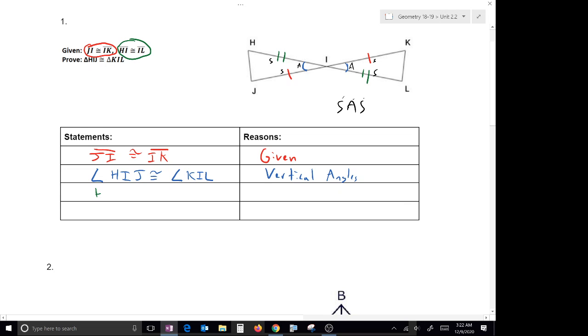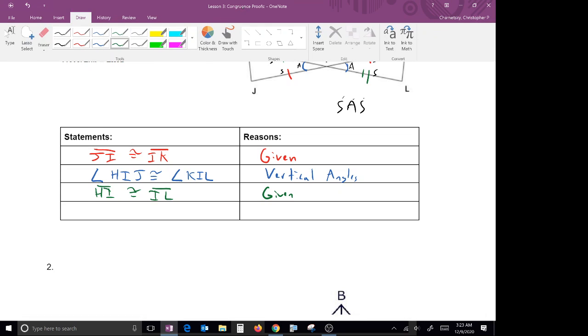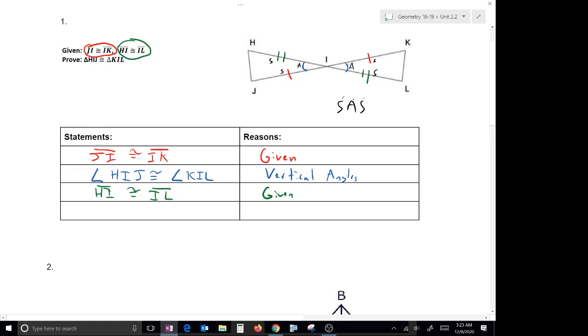We have HI is congruent to IL. That was also given to us. And so we've justified all 3 of these pairs of sides and angles. So there's our first pair of sides, our pair of angles, and we've justified our other pair of sides.